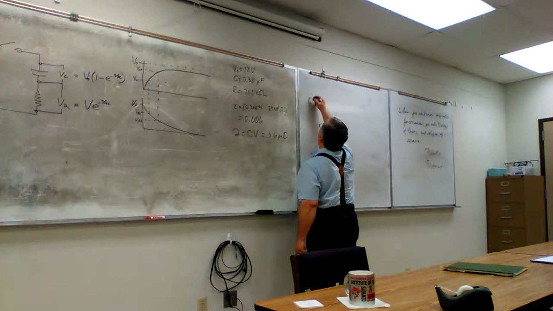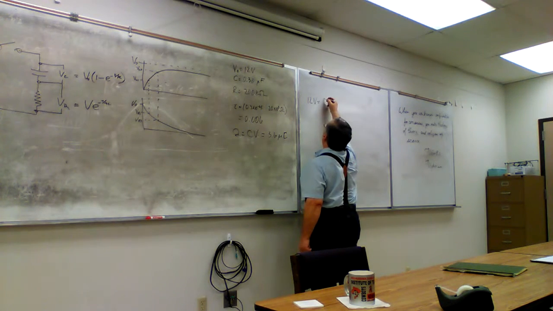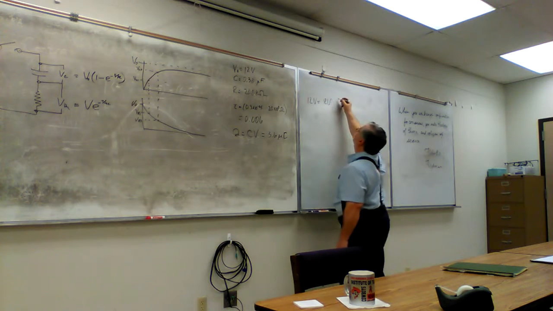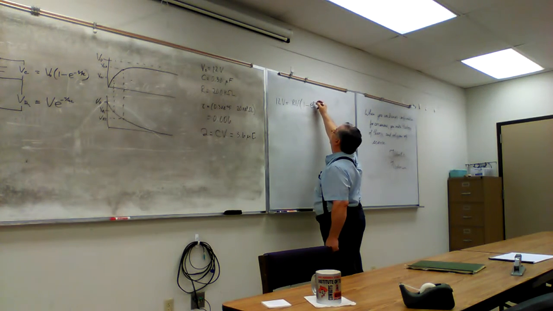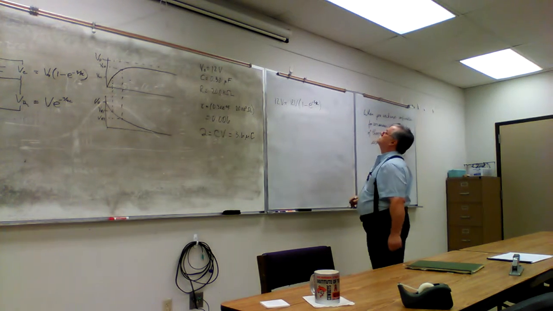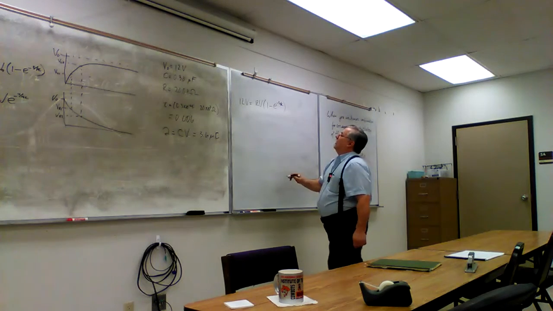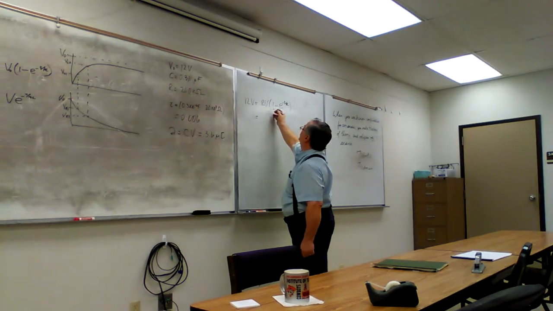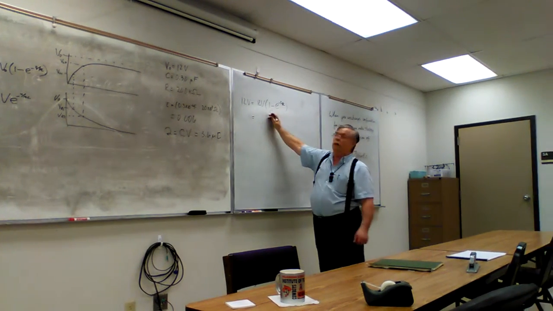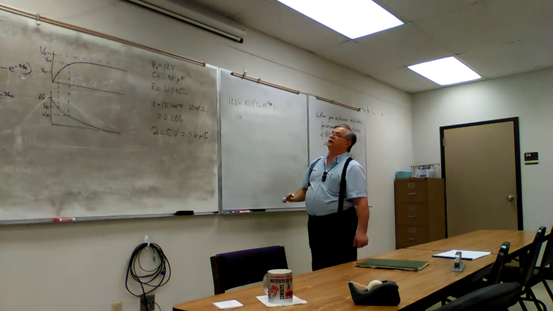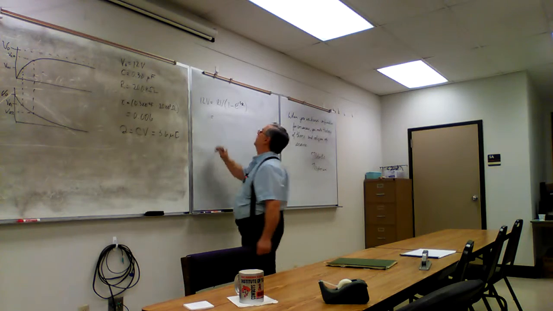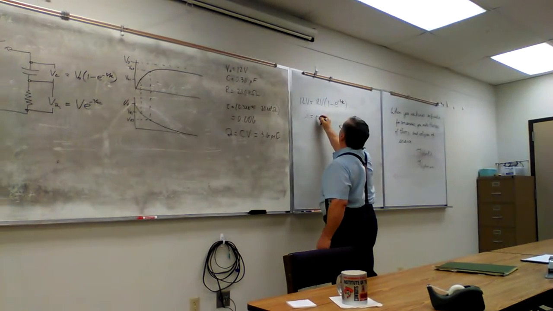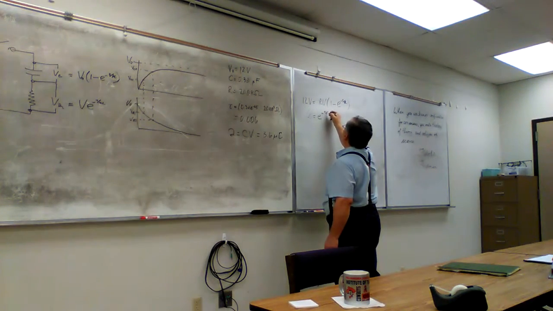So 12 volts equals 12 volts times 1 minus e to the minus t over RC. That means this has to equal 1, which means e to the minus t over RC has to equal 0. So when will 0 equal e to the minus t over RC?